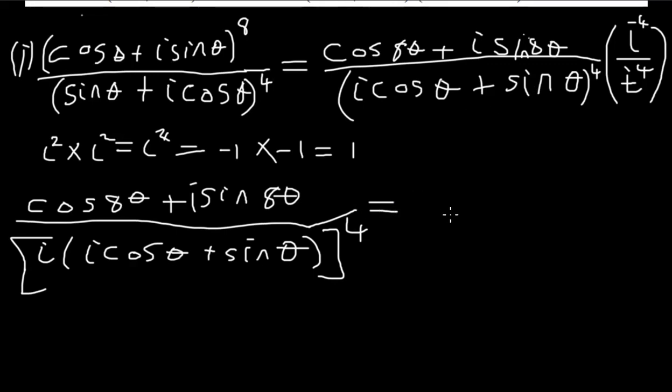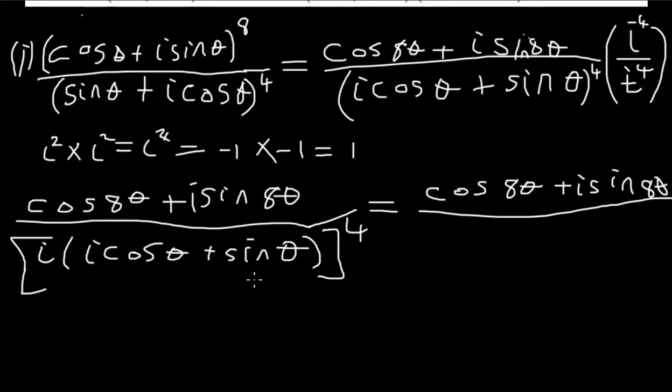Okay, so we move on. This is going to be cos 8 theta plus i sine 8 theta over, then when I multiply this i with everything in the brackets there, i times i is -1.